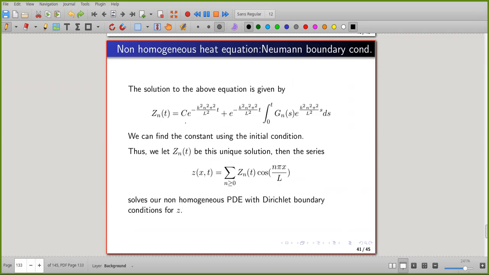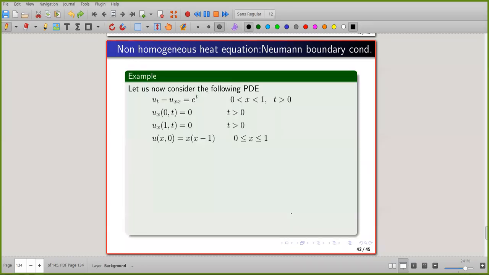So thus we let z_n(t) be the unique solution, then the series z(x,t) solves our non-homogeneous PDE with Neumann boundary conditions for z, and from this we can recover u, or find the solution for our initial differential equation.